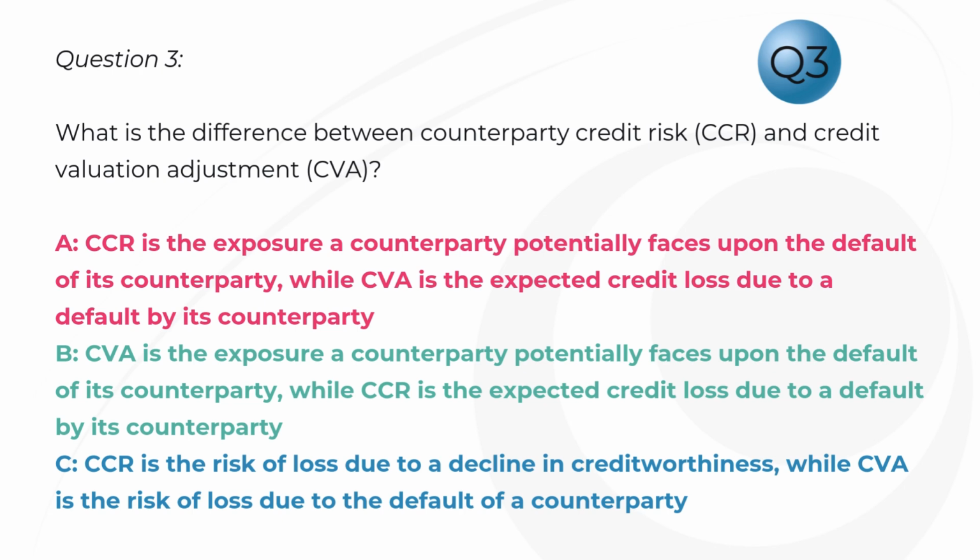B. CVA is the exposure a counterparty potentially faces upon the default of its counterparty, while CCR is the expected credit loss due to a default by its counterparty. C. CCR is the risk of loss due to a decline in creditworthiness, while CVA is the risk of loss due to the default of a counterparty.